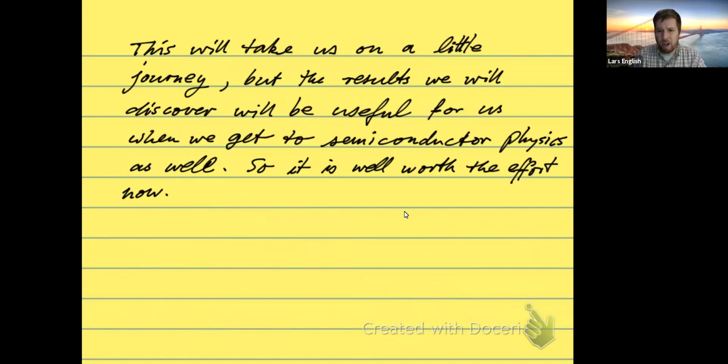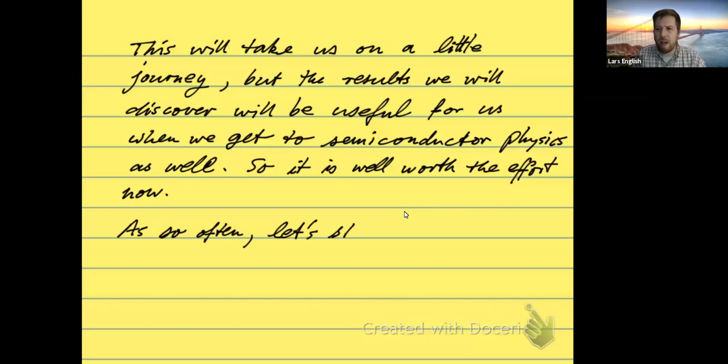The results will be useful for us, not just in terms of the conductivity formula, but also in terms of our next big topic in the course, semiconductor physics. So it is well worth the effort now because it is not just applicable to this particular formula. That would be a narrow application, but it is actually more generally useful to understand what is up with this population density.